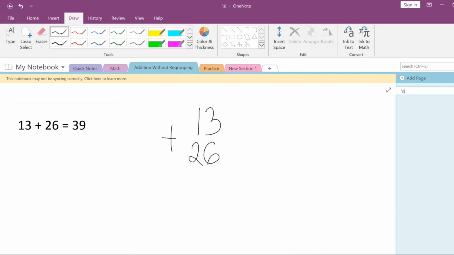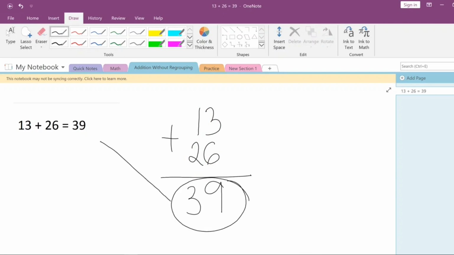There you go. 13 plus 26. And then 3 plus 6 equals 9. So the answer is 9. Next, 1 plus 2 equals 3. So the answer is 3. Do we have the same answer? Yes, we do. There you go.